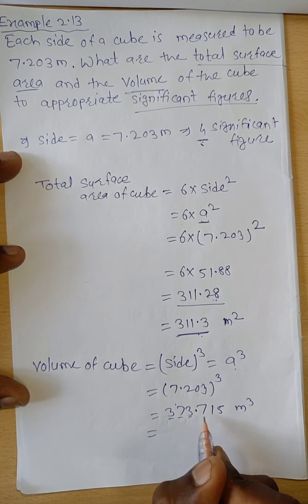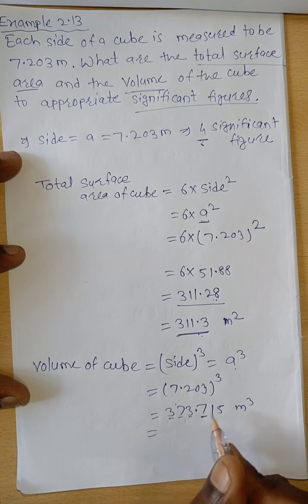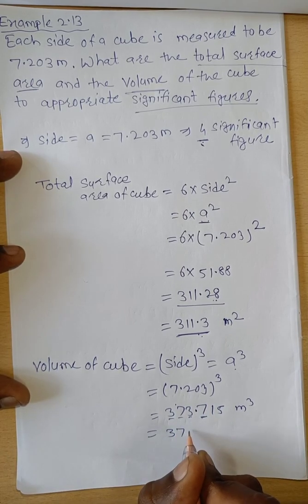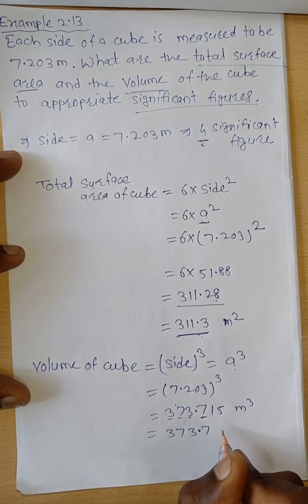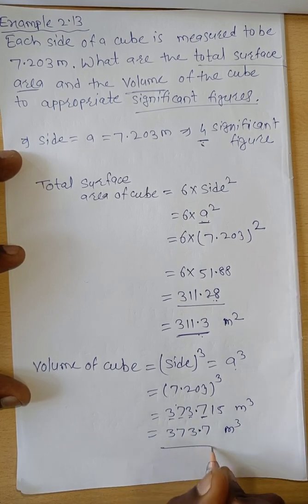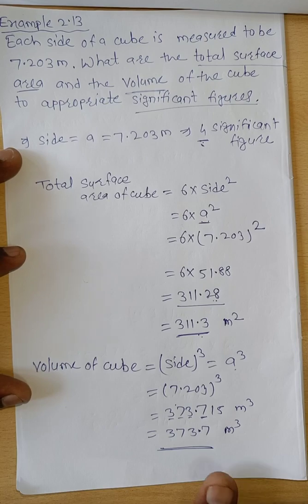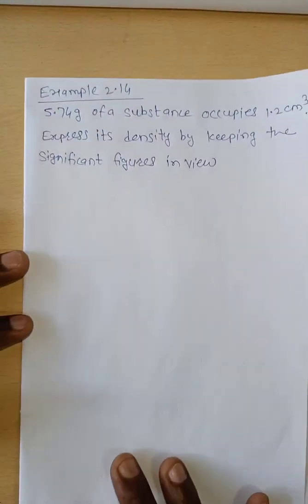Now 1, 2, 3, 4, means up to 7 we want the answer. Therefore, the final answer is 373.7 meter cube. Now this answer is in 4 significant figures. Therefore, the volume of a cube with appropriate significant figures is 373.7 meter cube.